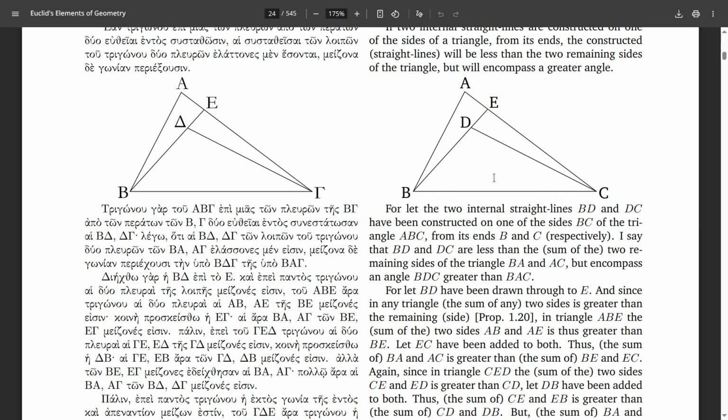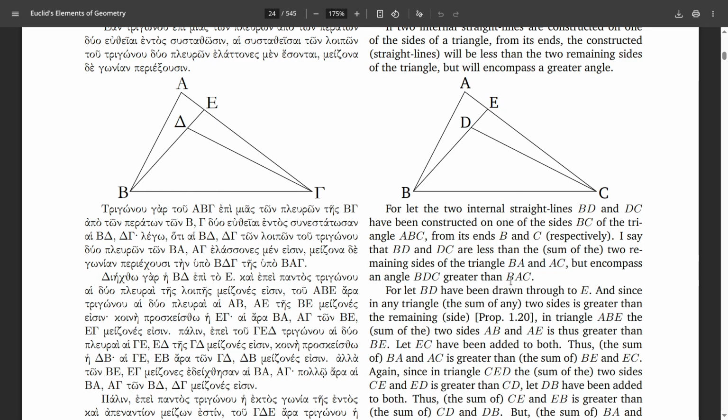I say that BD and DC are less than the sum of the two remaining sides of the triangle, BA and AC. Yeah, I was like, wait, I'm reading the wrong part.